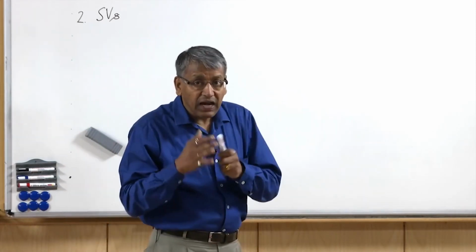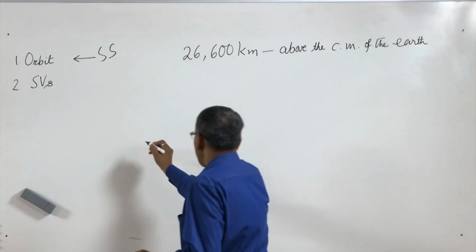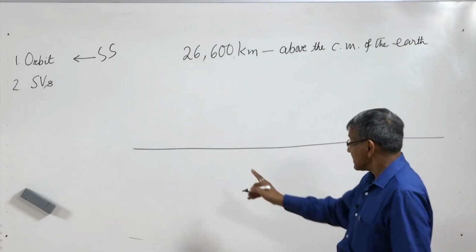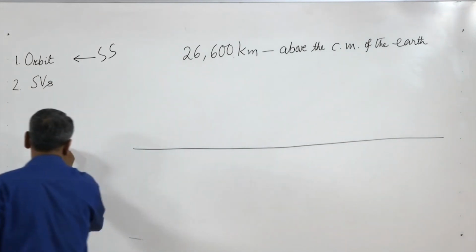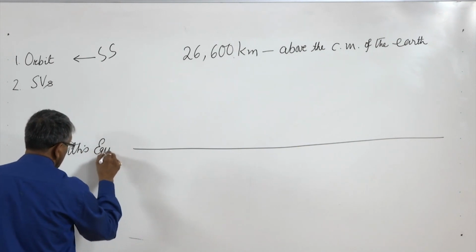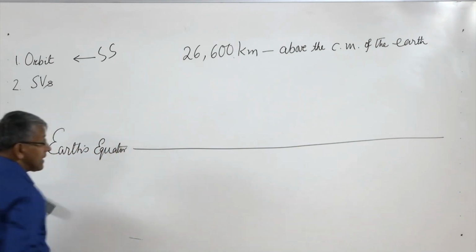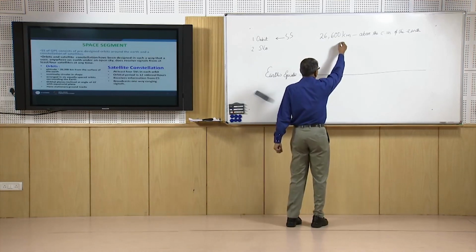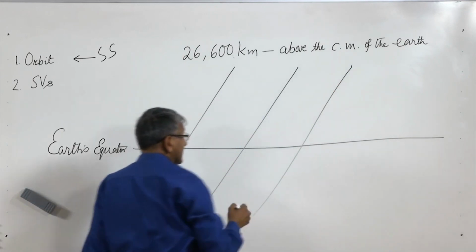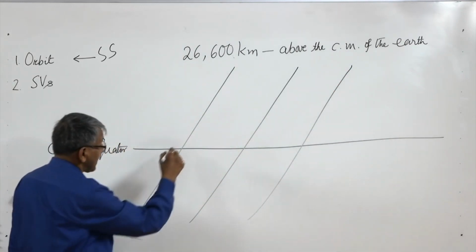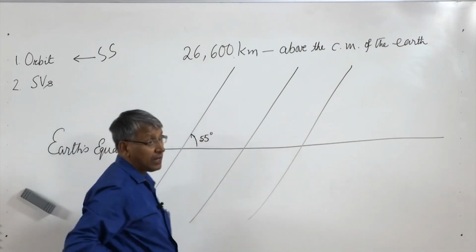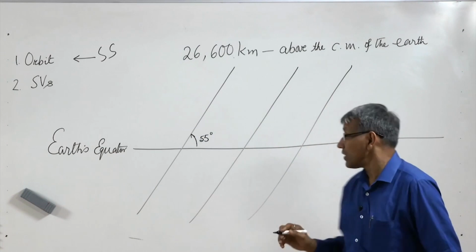They are inclined in such a way that if we assume this line as the Earth's equator, then the orbital planes of the satellites will look like this, and these orbital planes are approximately 55 degrees inclined to the equatorial plane.